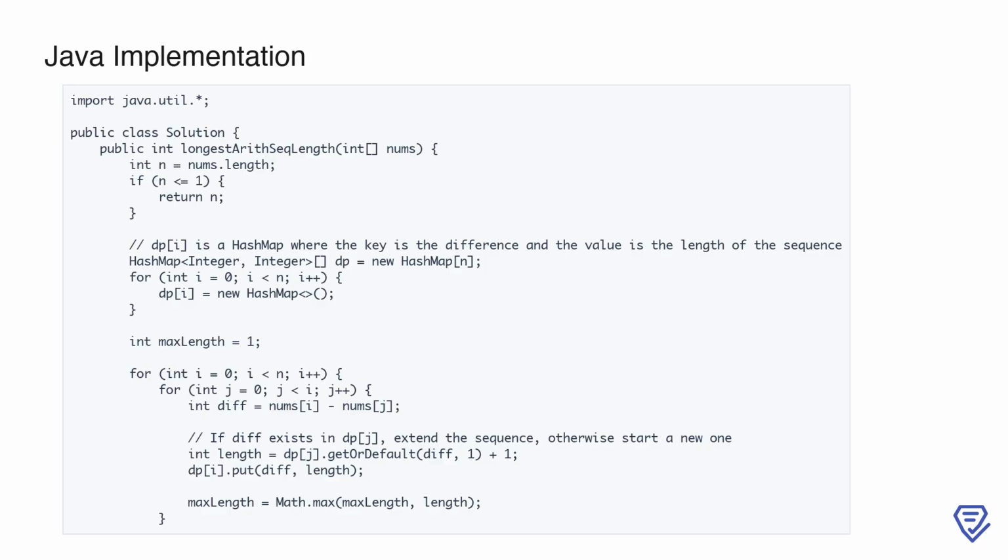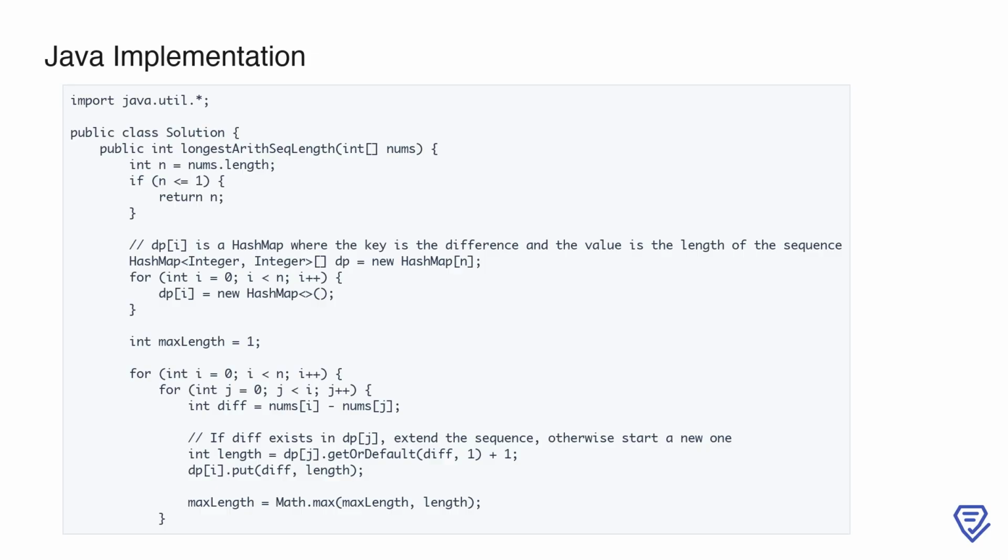Next, we use a nested loop to compare each pair of indices. For every pair, we calculate the difference, diff, between the numbers at those indices. If the difference already exists in the hashmap for the earlier index, we use it to extend the sequence. Otherwise, we start a new sequence with a length of 2.